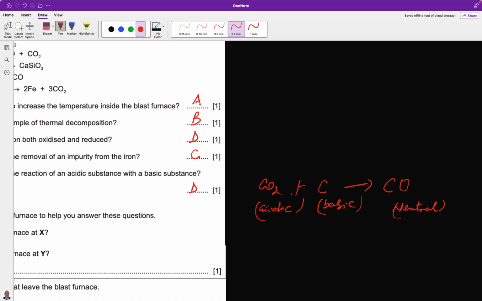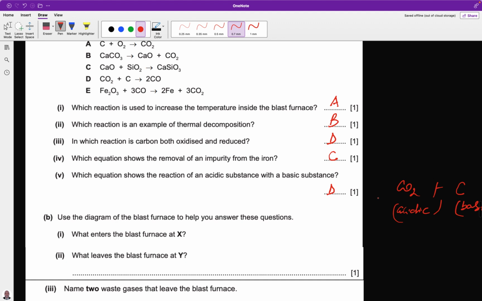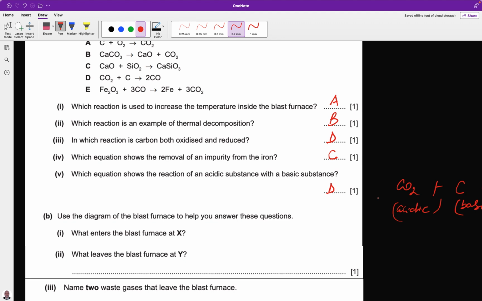So this is like an acid-base reaction. This one is going to neutralize this to form this. That's why I say this reaction, carbon dioxide plus carbon, which is D, shows the reaction of an acidic substance with a basic substance. That is D.